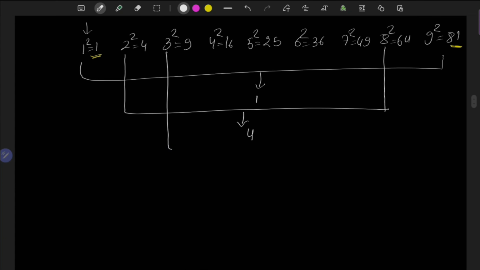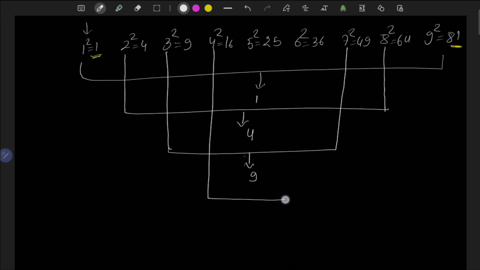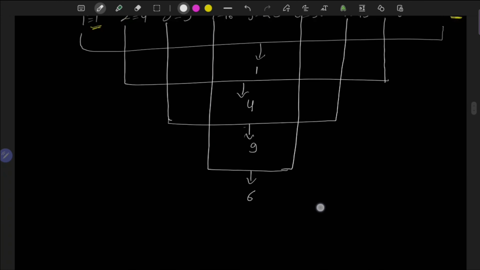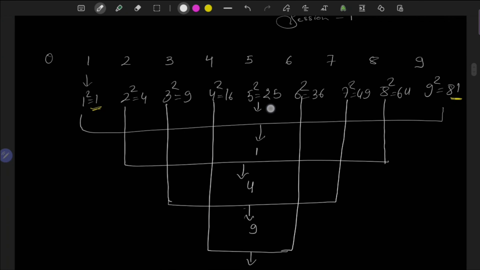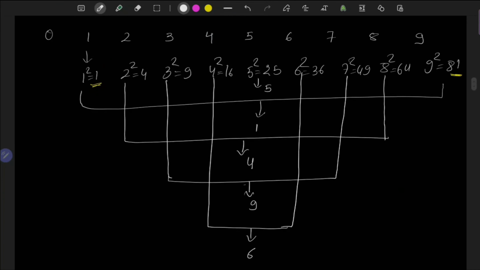For 3 and 7, it's 9. For 4 and 6, it is 6. For 5, it's just 5. So these are the ways. And for 0, it's 0.